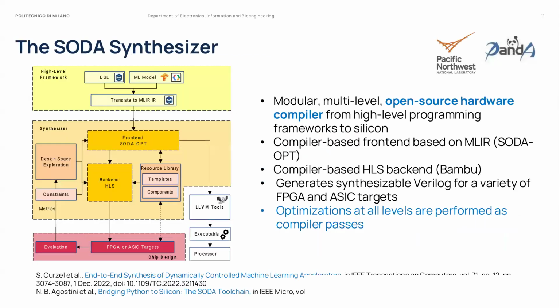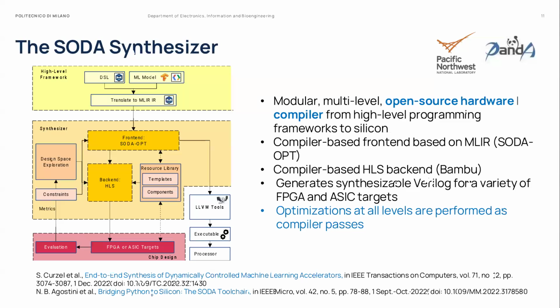And this was done when I was an intern at Pacific Northwest National Lab, and it resulted in what we call the SODA synthesizer. The synthesizer is a modular, multi-level open source hardware compiler, which is what I told you yesterday, on the previous slide. So Bambu as a backend and an MLIR front end doing all the compiler-based optimizations before synthesis.